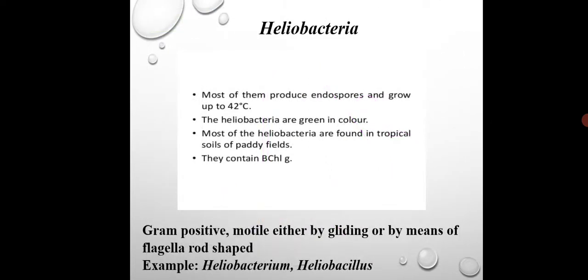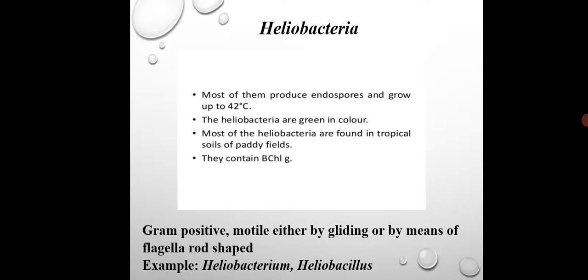Now next is heliobacteria. We will see this. They can produce endospores and grow up to 42 degrees Celsius. These are green in color, and they are found in paddy fields, meaning rice fields. They contain bacteriochlorophyll g. These are gram positive, motile. Motility is by gliding or by means of flagella.